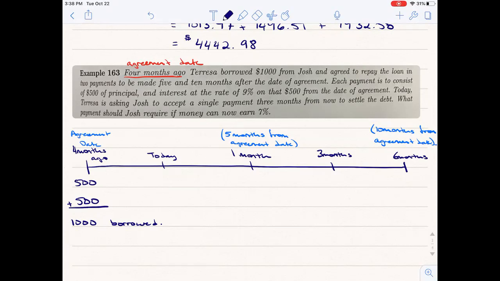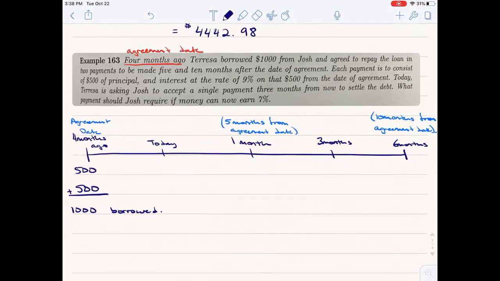So, like I just showed, this 500 gets pulled forward to a future value, because we're pulling it forward. Let's call it future value 1.